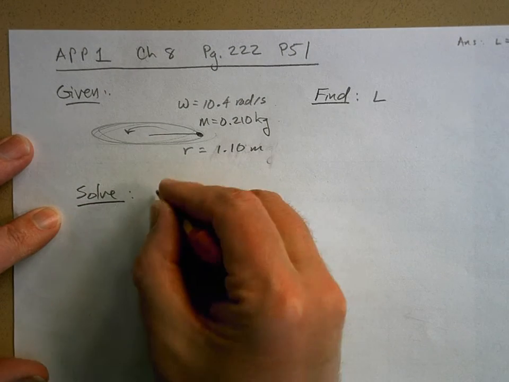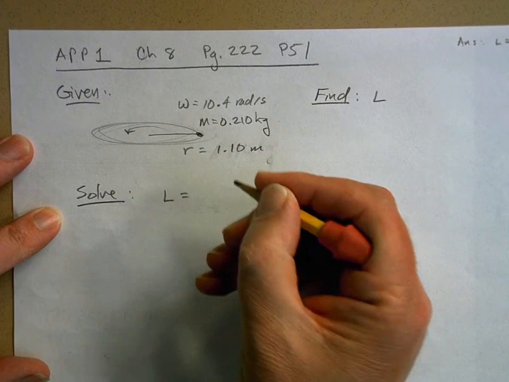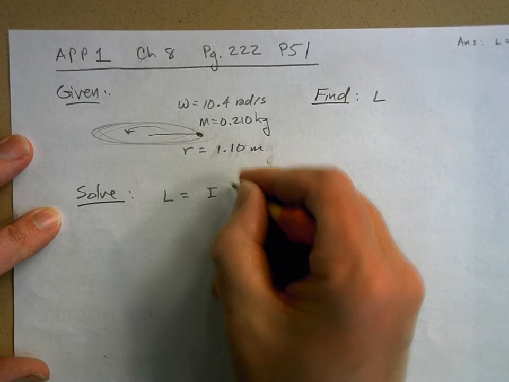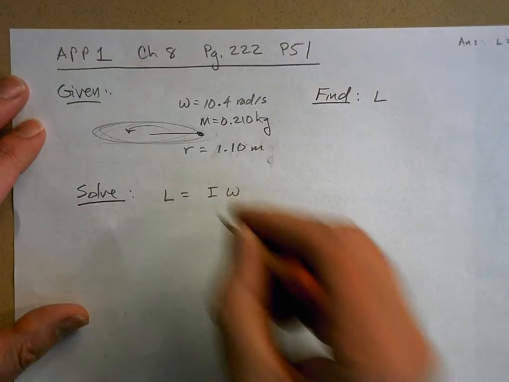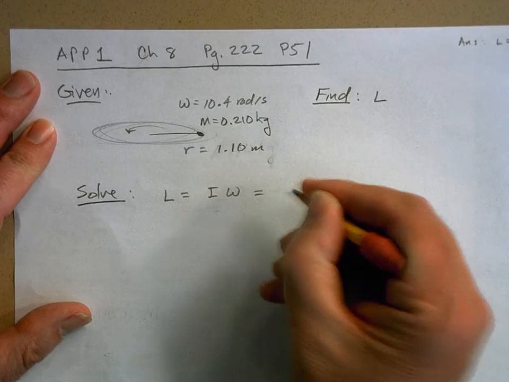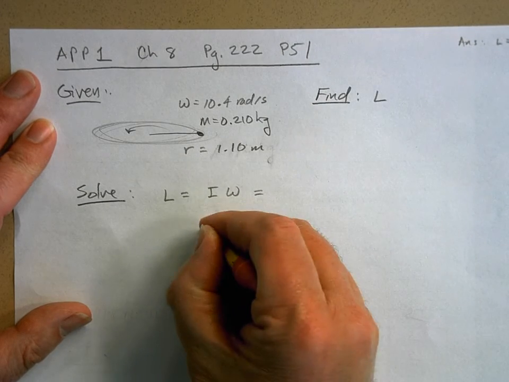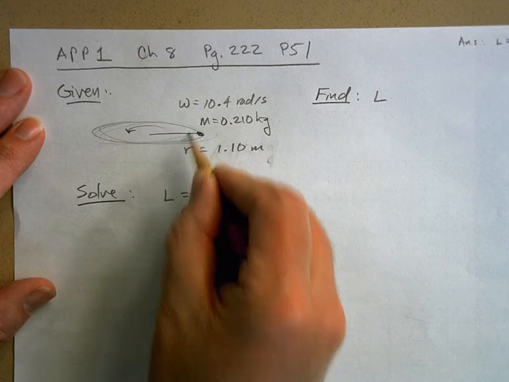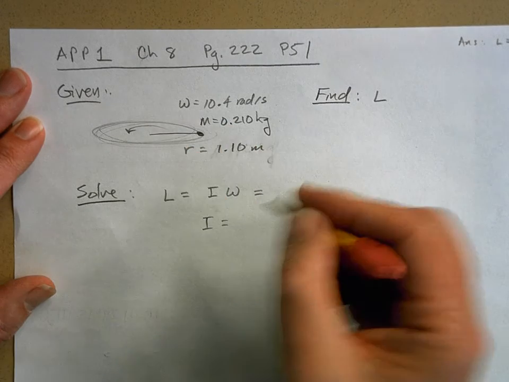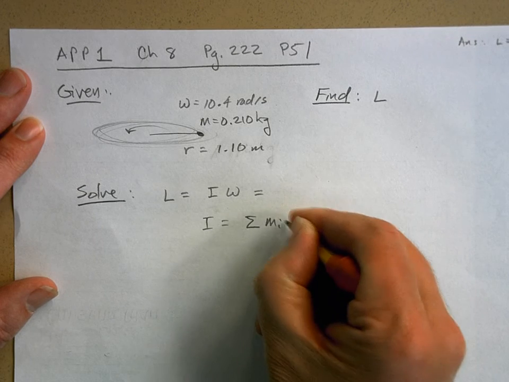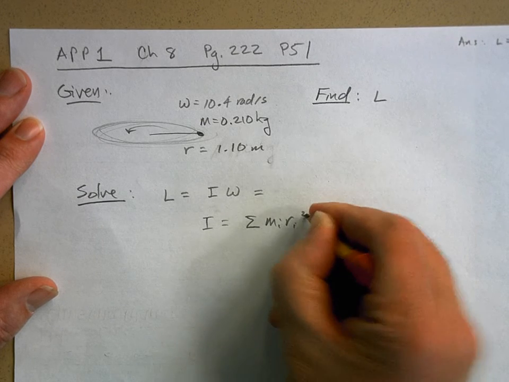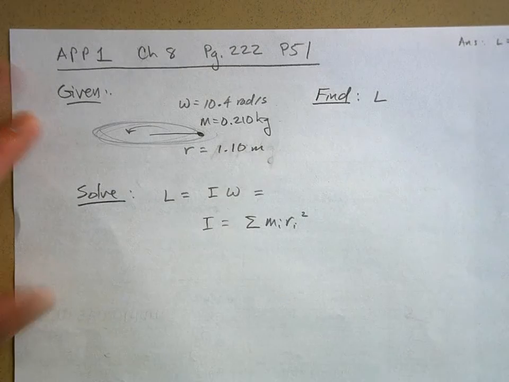So we start with the angular momentum equation. Angular momentum equals I times omega. And, or iota, I should say. All right, and then, so, this is a particle. It's just a single particle. If you have a particle or a system of particles, you just multiply m r squared. But there's only one. I don't have to add anything.